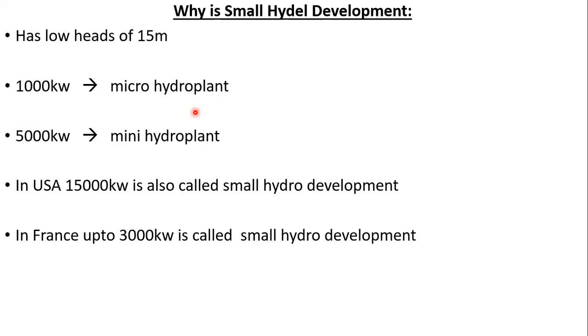So in the USA, a very developed country, 15,000 kilowatts is normally declared a small hydro development, but in France and other countries, up to 3,000 kilowatts. Of course, in India, the limit we are taking is 5,000 kilowatts, and we are calling it small.